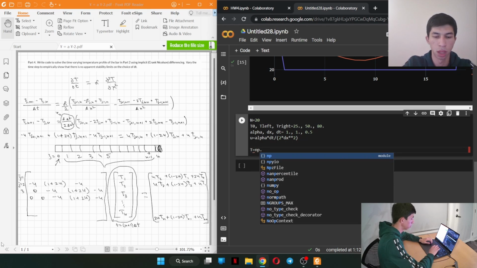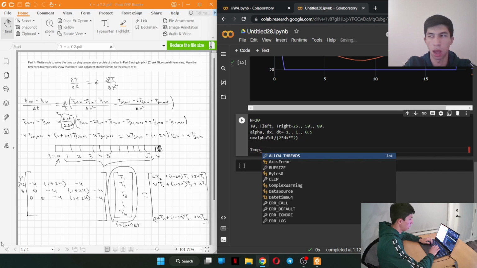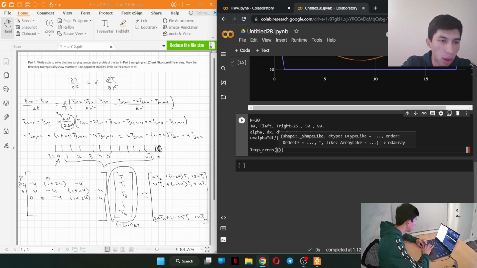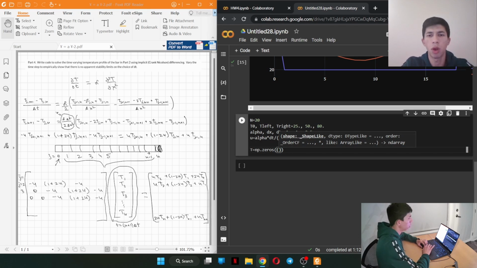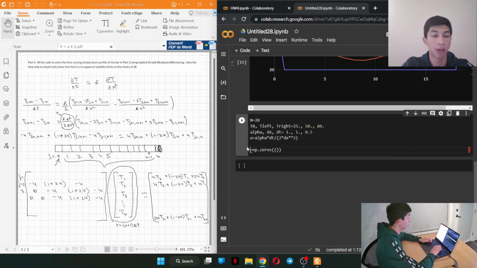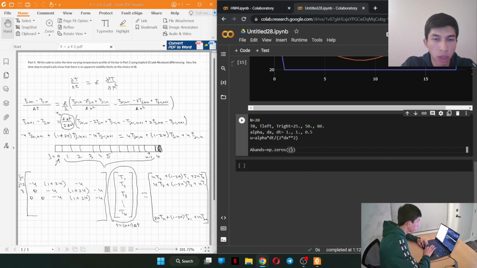So that's going to be numpy zeros. No, we already have an array for temperature, right? So let's have a value for our diagonal matrices. I'm going to call it bands.